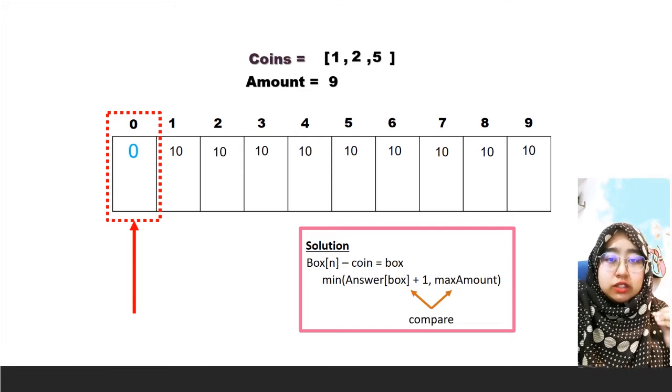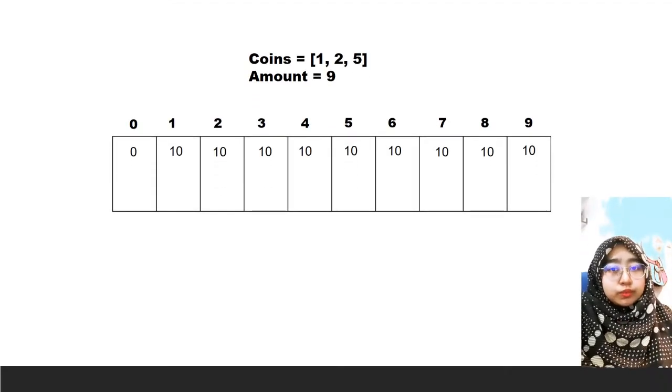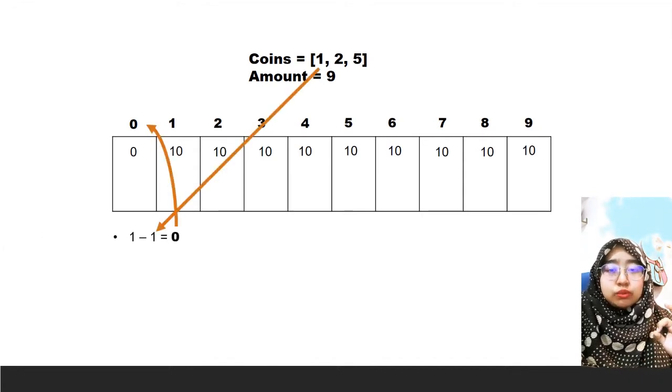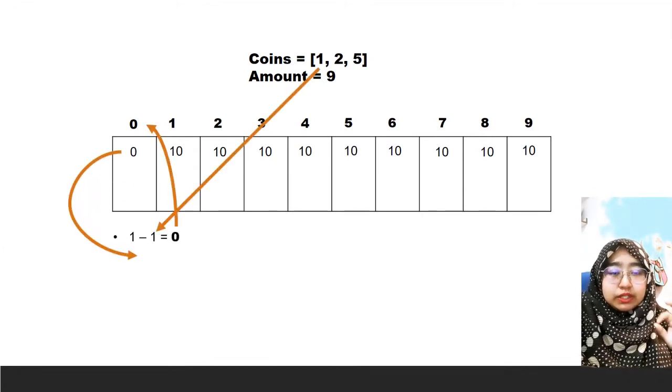It is the initial 0. So we move on to the next box, that is 1. We use the first coin, that is 1, and 1 minus 1 is 0. So the value in box 0 is 0.